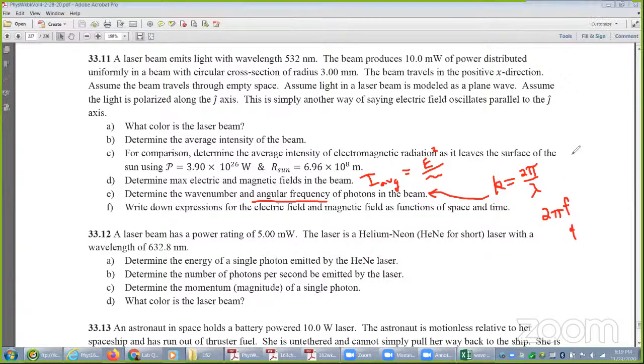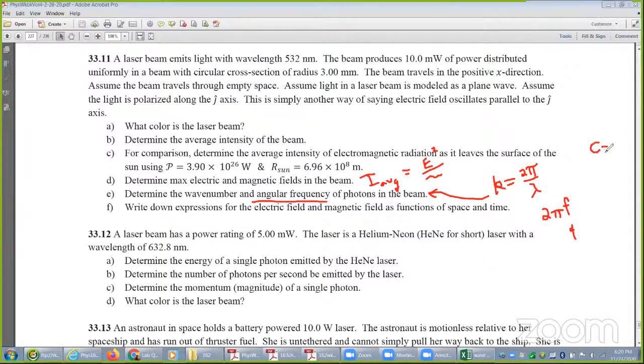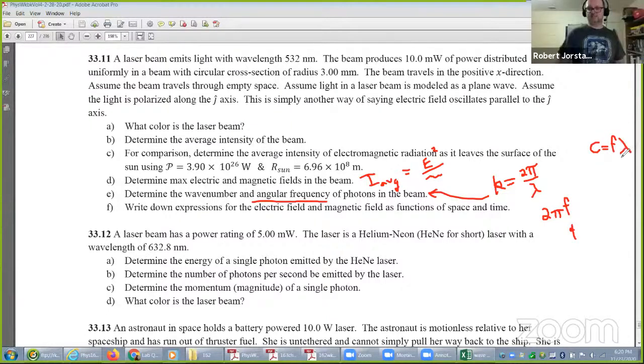E over h. E over h. That's true, you could do it that way. Or also this way. c equals f lambda. So it's also c over lambda. What's nu? E over h. What's nu? c over lambda. So yeah, you had it right. It's not exactly 1 over lambda. The units don't work, right? f is c over lambda.